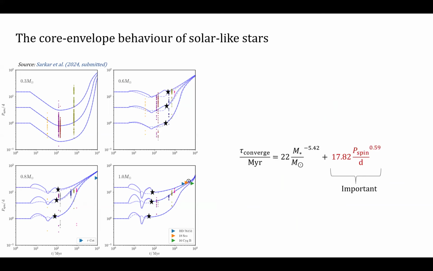An important finding of our work is this function, which is basically a fit like this. These stars are where the core and the envelope attain co-rotation or near co-rotation, and we made this nice fit, which goes inversely as M_star over M_sun. But it also has this important spin dependence, which was not there in previous studies.